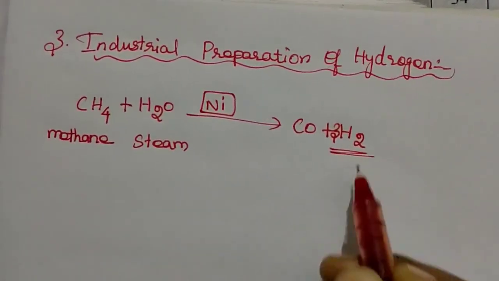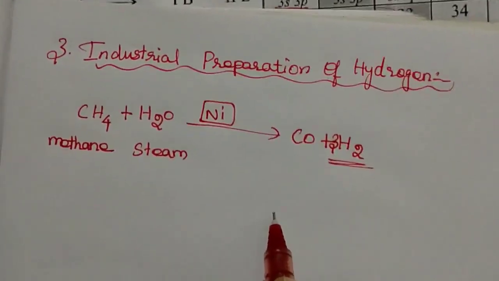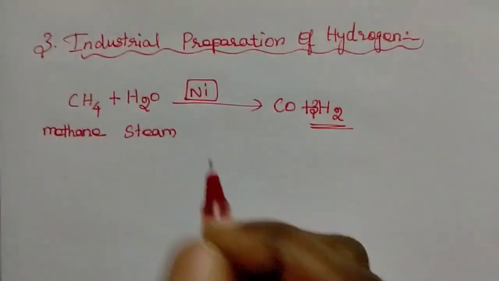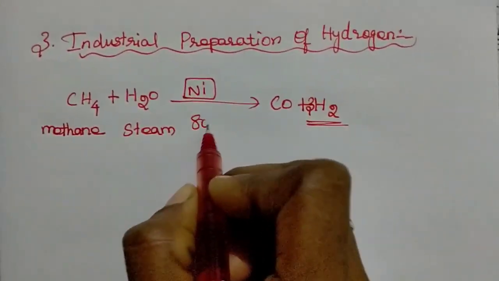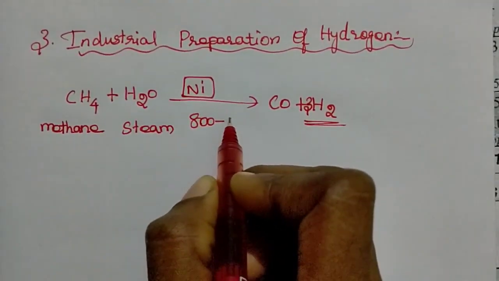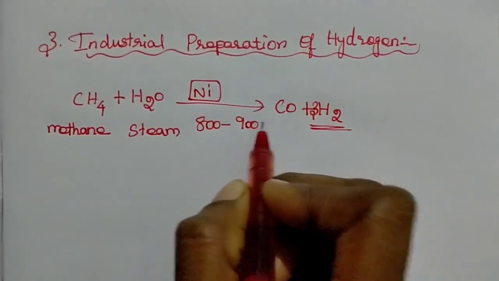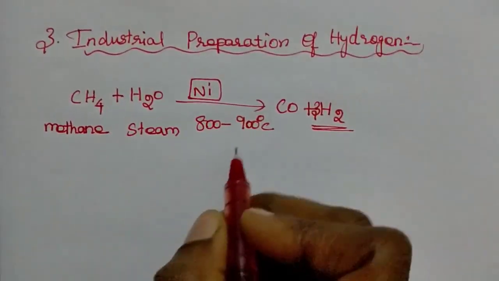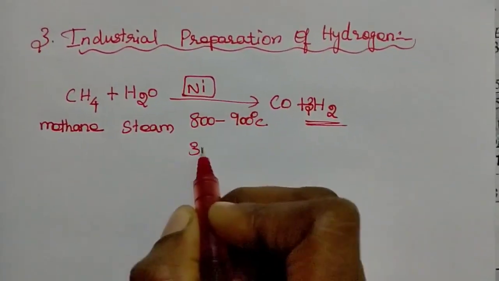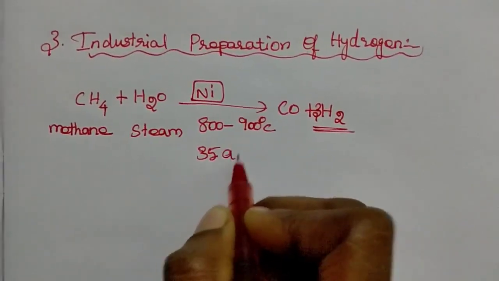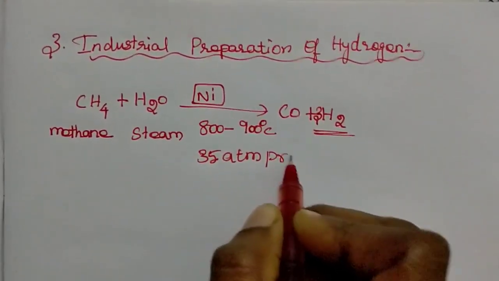So we got the product hydrogen. The condition for this reaction is a temperature of 800 to 900 degrees Celsius and 35 atmospheric pressure.